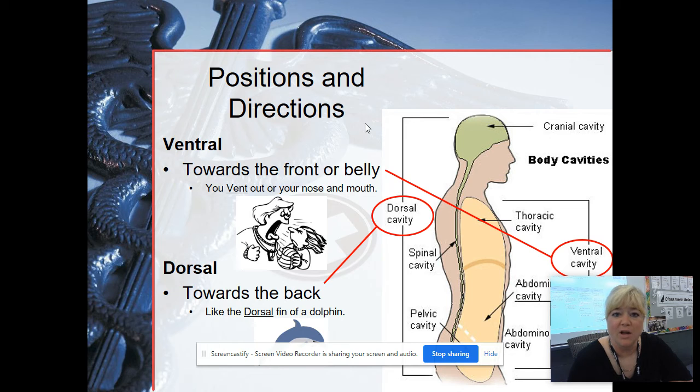Ventral is towards the front. Okay, it's belly side. So in the classroom, I just touched my belly, my ventral, belly side up. And then dorsal is like a dorsal fin on a shark. I can show that. There's my shark dorsal fin. Okay, dorsal is towards the back. So ventral, dorsal.